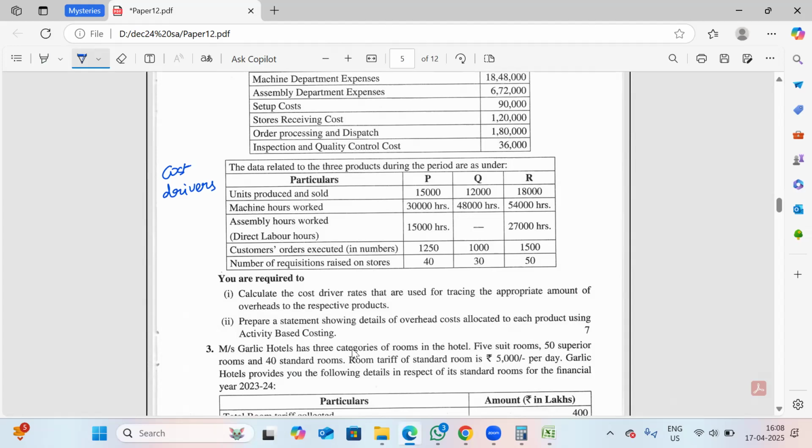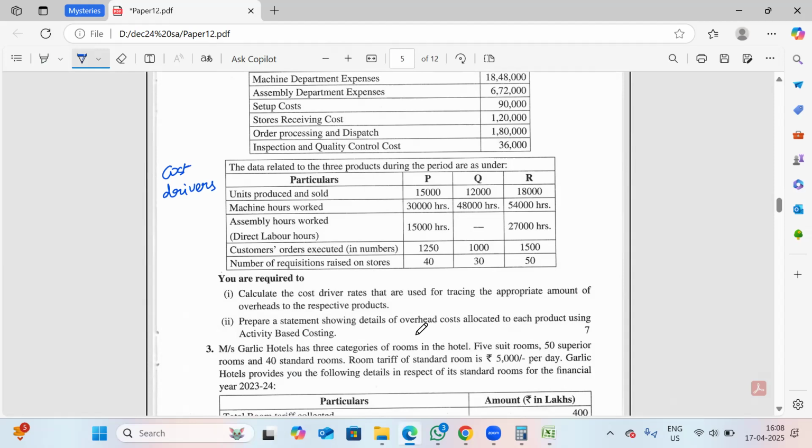Calculate the cost driver rate that is used for tracing the appropriate amount of overhead to the respective products. In the question they have clearly mentioned you have to calculate the cost driver rate, so you have to prepare one tabular column for it. Many students will calculate directly, but here they have particularly asked for the cost driver rate, so the marks will be segregated.